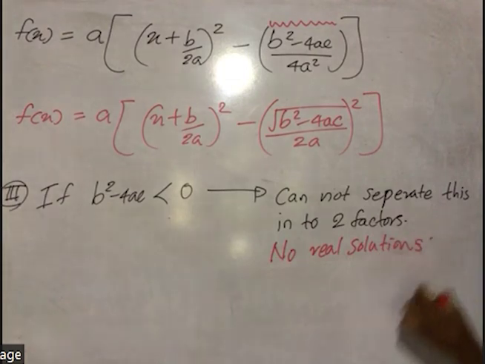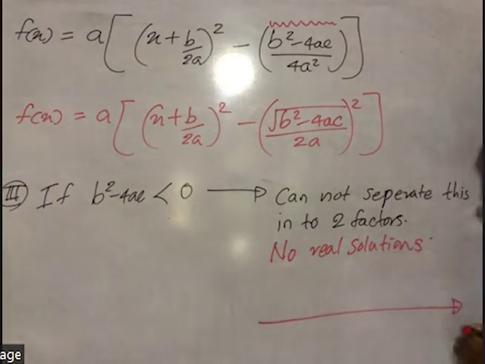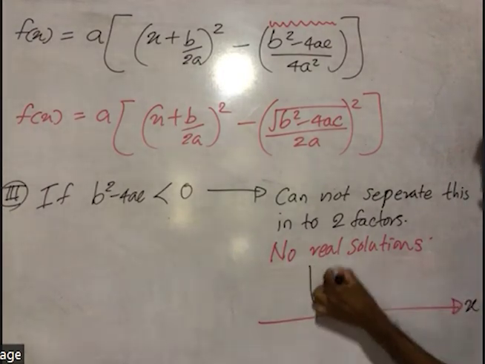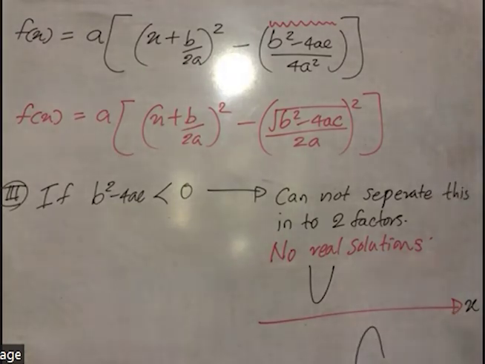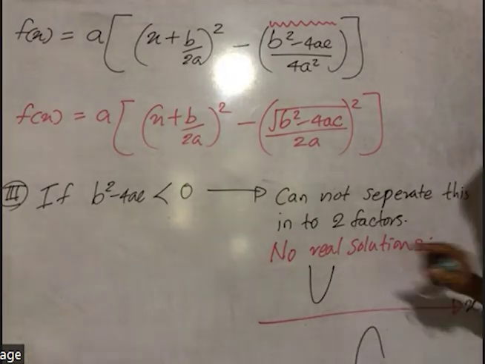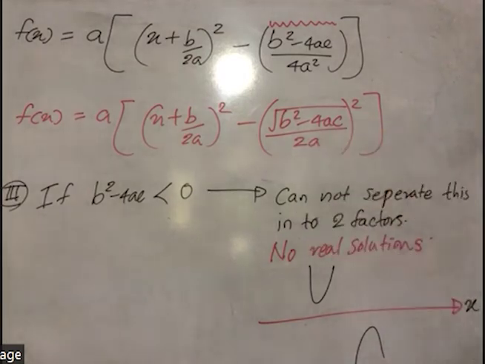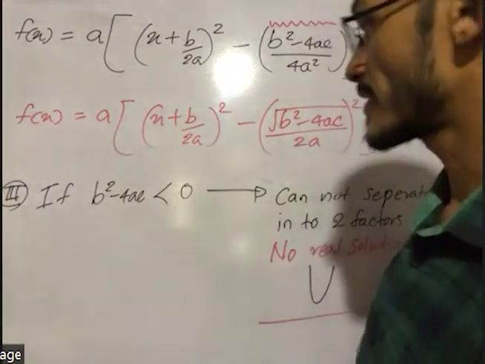So you can draw the graph above the x-axis without touching it, or below the x-axis without touching it. So this is the nature of the graph when there are no factors, that means b square minus 4ac less than 0.